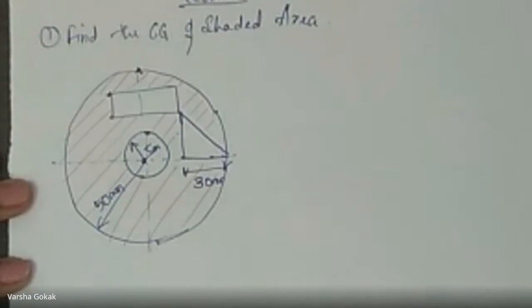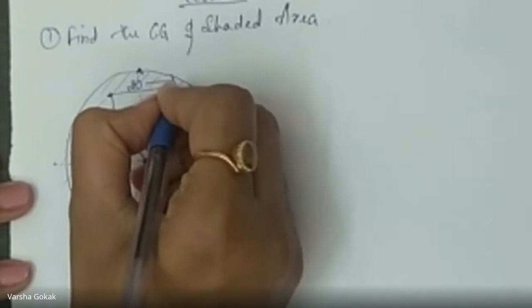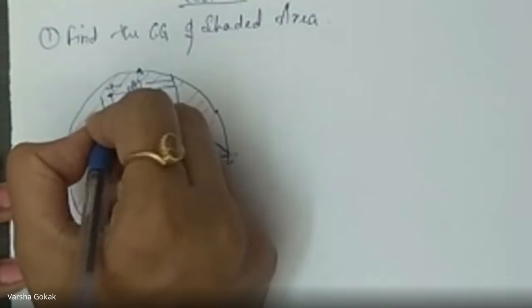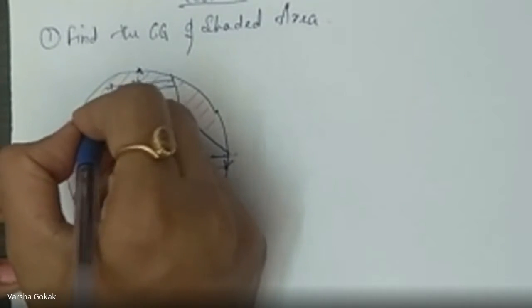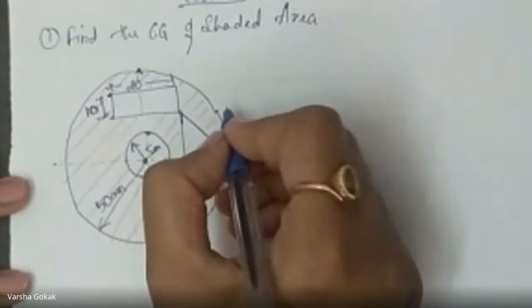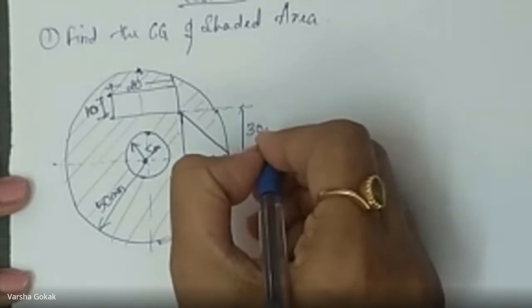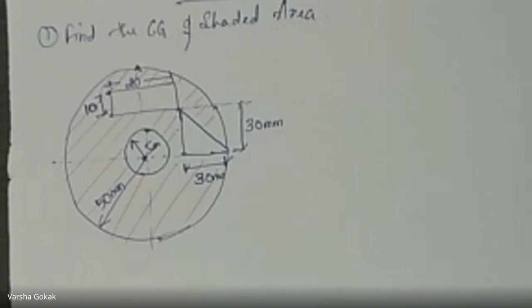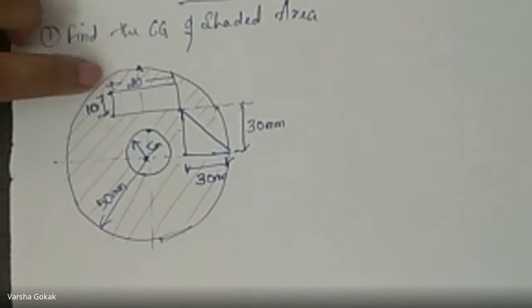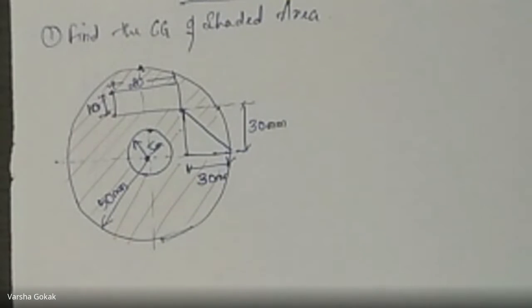Okay, and the dimensions of this rectangle, this length is 20 and its height is 10. Right, so 10 and 20. Now, the height of the triangle also is 30 mm. Clear? Anything else is required? So 30, 40. Here it is touching this. So carefully see the figure.